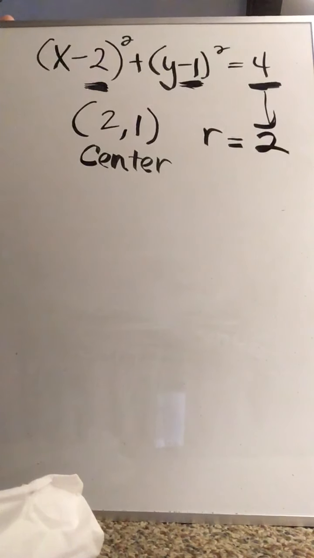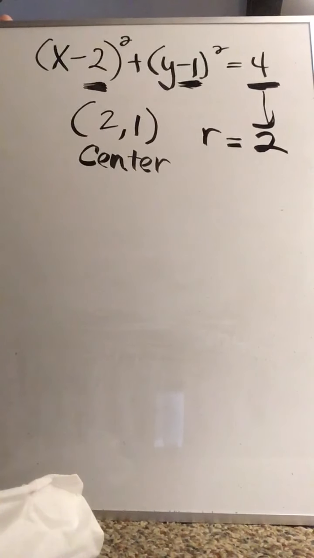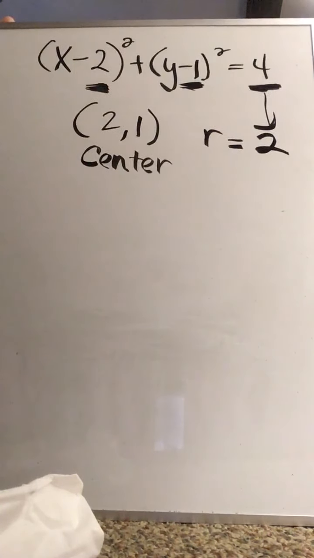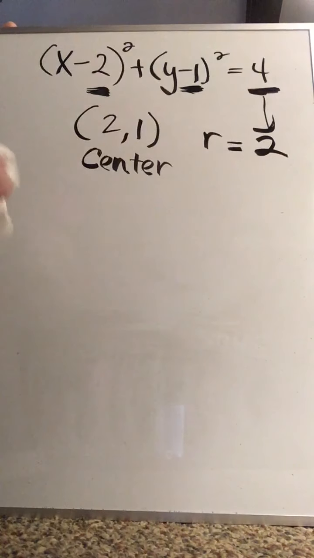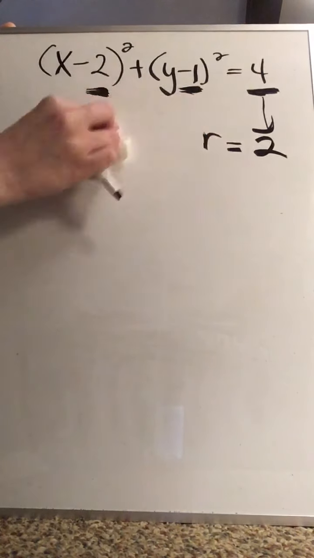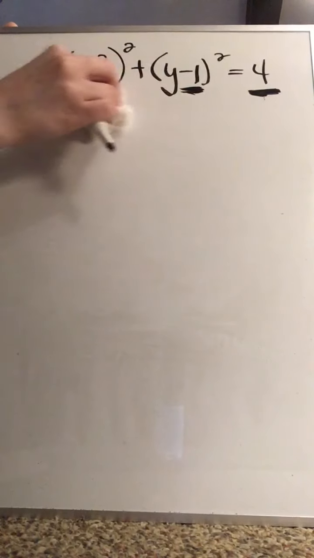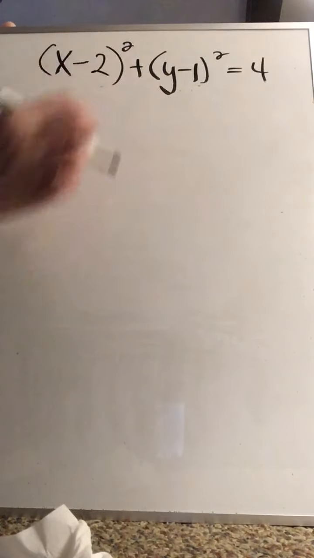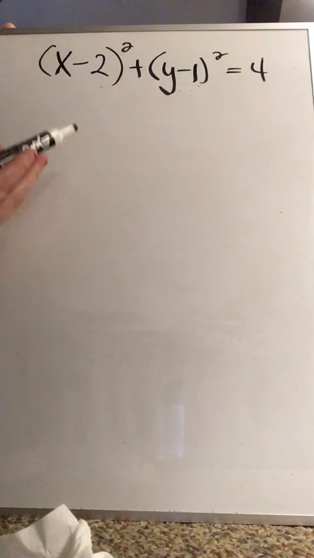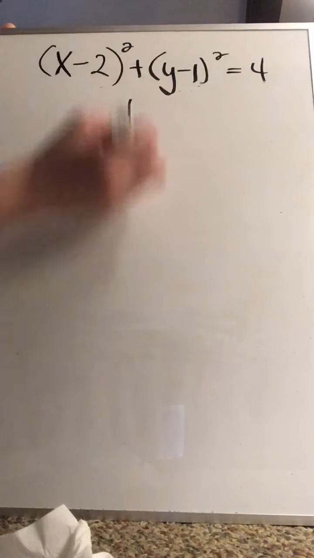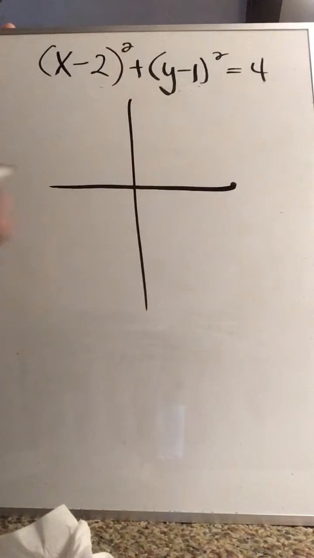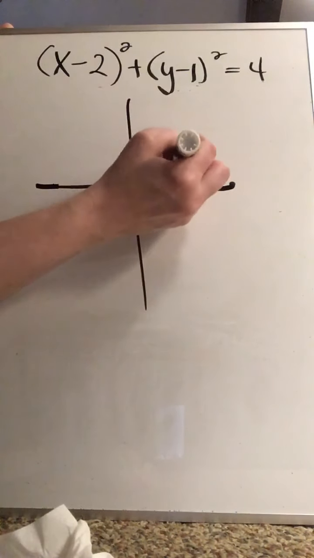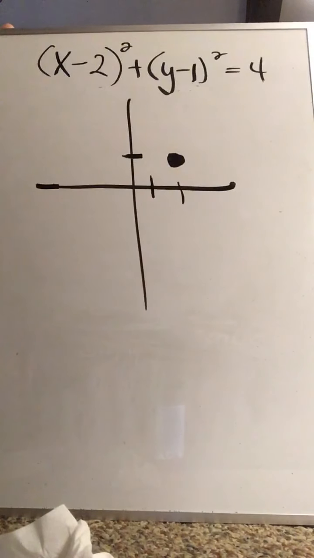Now, I'm going to graph this circle so that you can get an idea of what the picture is. I told you the center is (2, 1). So here's your graph, (2, 1). That's the center.